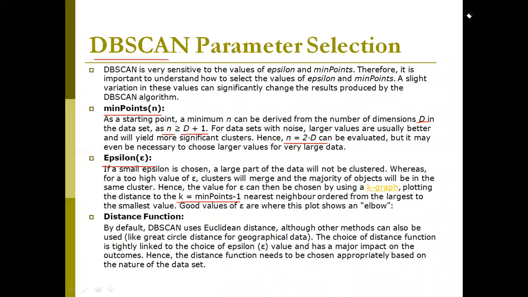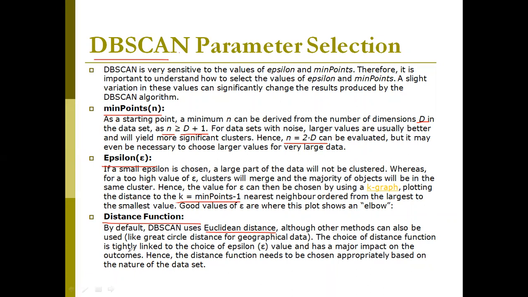And here you can consider one more parameter. That parameter is the distance function. To calculate the distance between the points, you can use Euclidean distance, like in the K-means algorithm. In K-means algorithm also, we may use Euclidean distance, Manhattan distance. Many distance measures are there. Here you can use Euclidean distance measurement in DBSCAN.